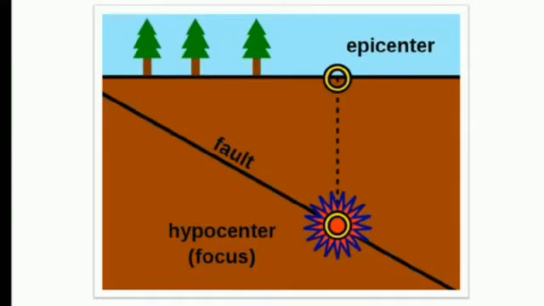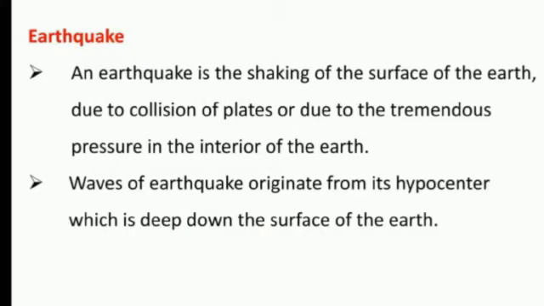It is also called the focus, which is located deep down below the surface of the earth. And from the hypocenter, the entire vibration reaches the epicenter, which spreads the vibration on the surface of the earth. So an earthquake leads to a lot of destruction of life and property. So we all need to be very careful whenever there is an earthquake.